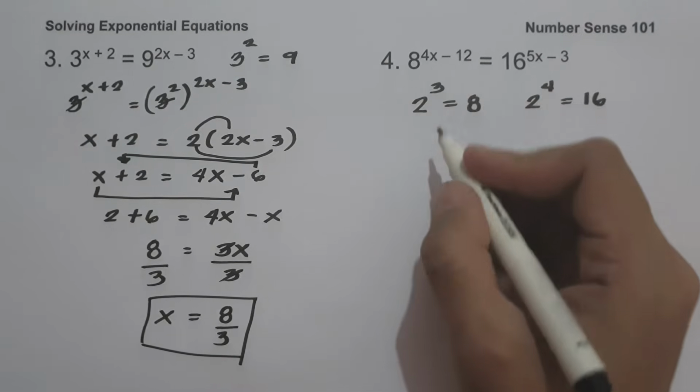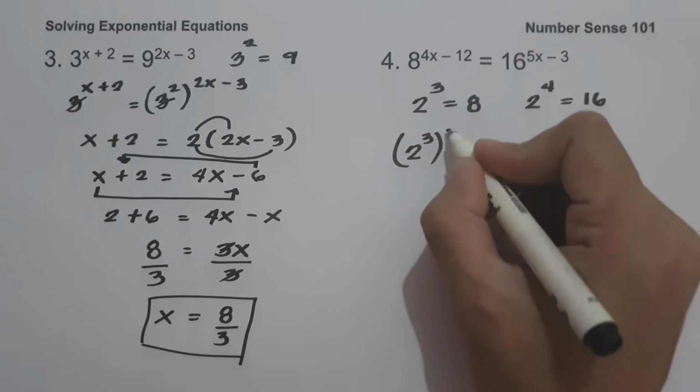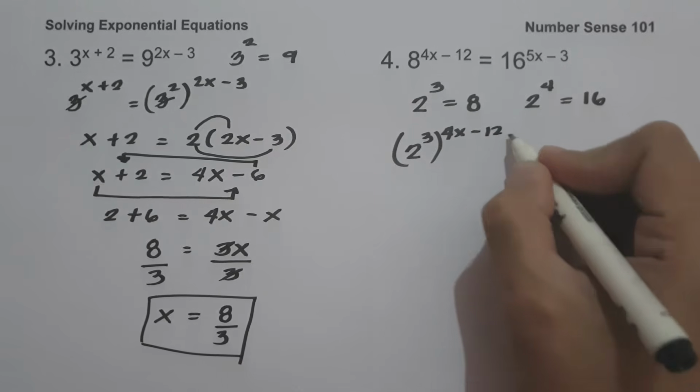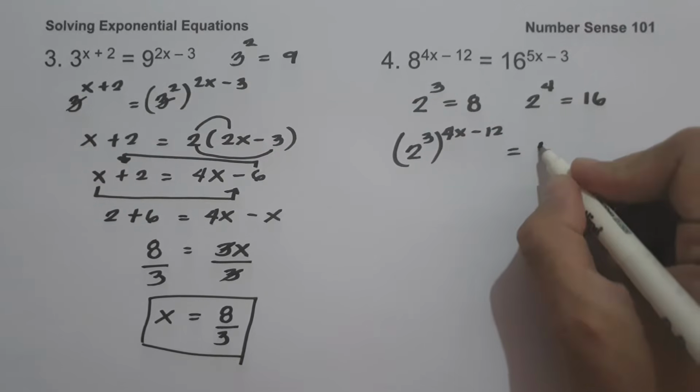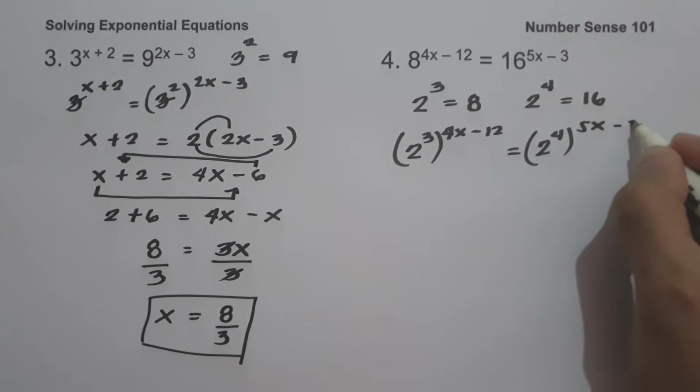So let us have 8, that is 2 raised to 3, and raised to 4x minus 12 equals 16, that is 2 raised to 4 raised to 5x minus 3.